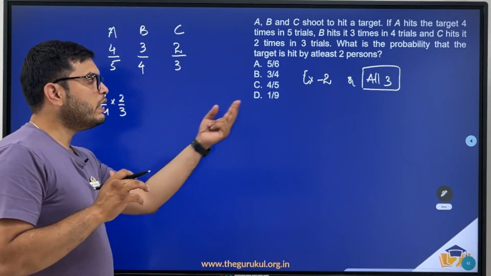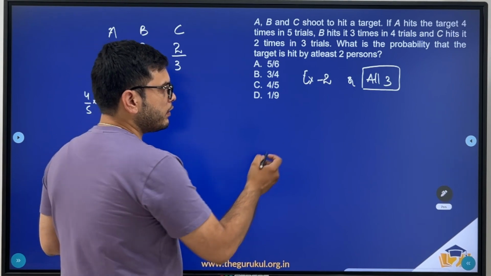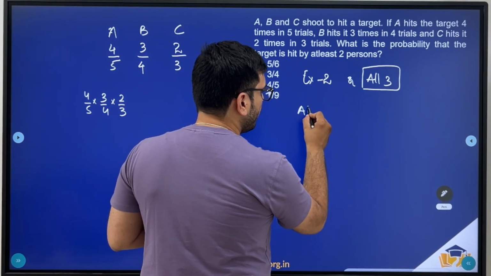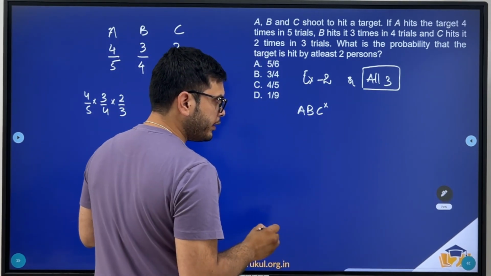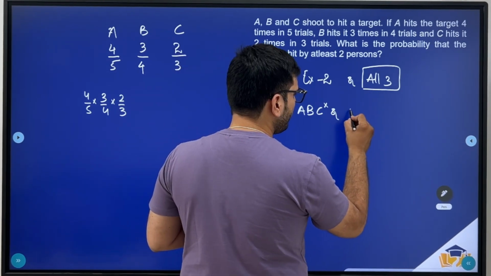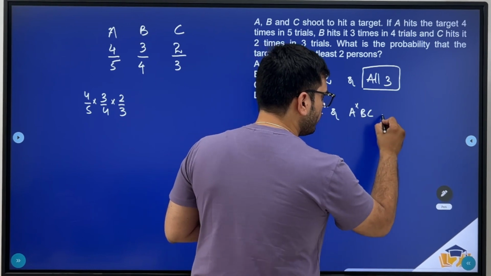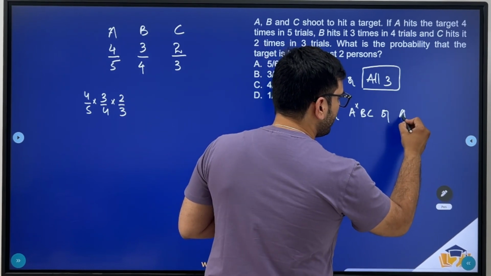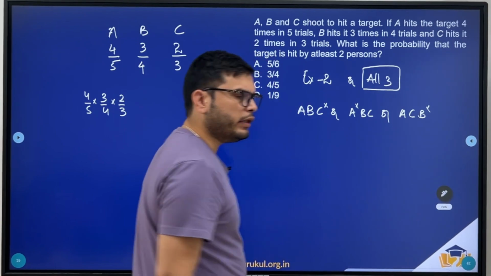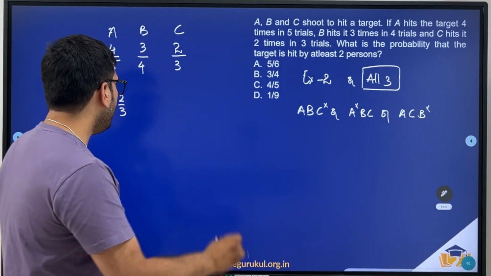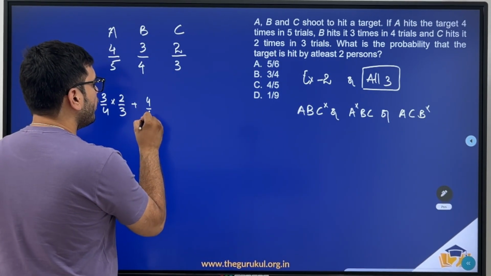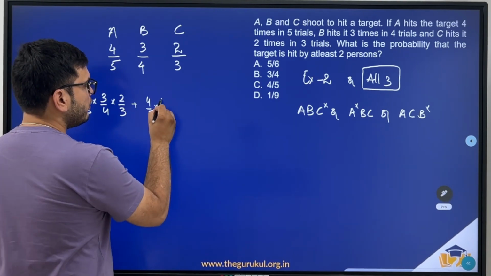Now coming to exactly 2 persons hitting the target, that could be A and B hitting the target, C not hitting the target, or A not hitting the target, both B and C hitting the target, or A and C hitting the target, B not hitting the target. Now what's the probability of A hitting the target? 4 by 5. What is the probability of B hitting the target? 3 by 4.